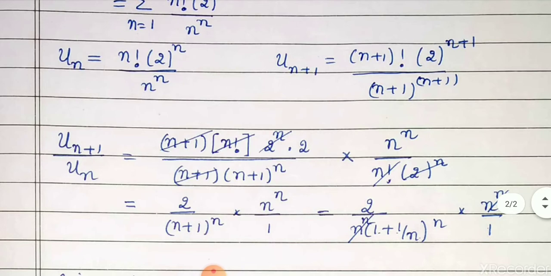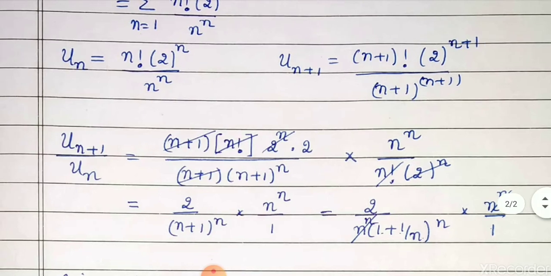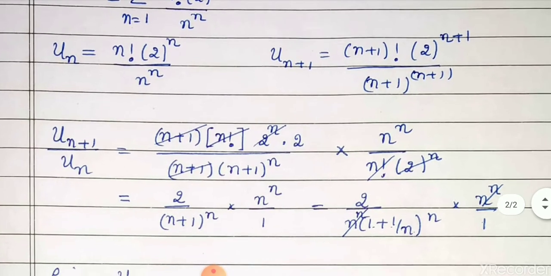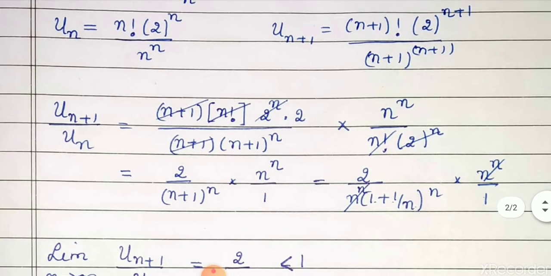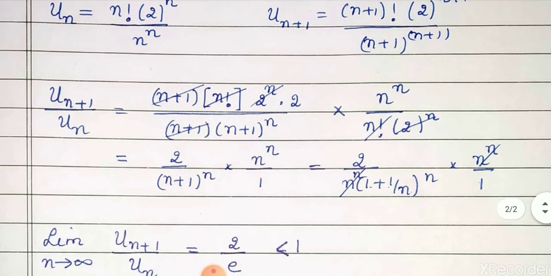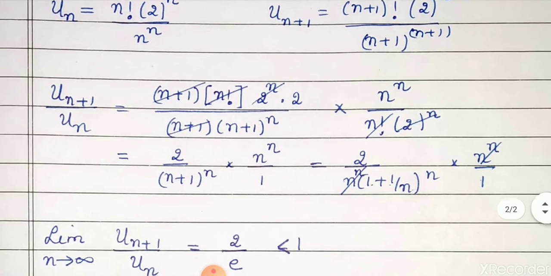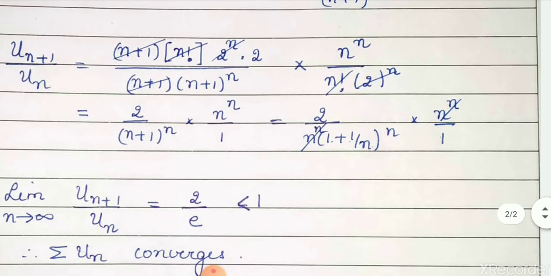Into, I have taken the reciprocal of un. Un becomes n raised to n divided by n factorial into 2 raised to n. So the terms which are to be cancelled, I have shown here. So what remains is only these terms, 2 divided by n plus 1 raised to n into n raised to n.